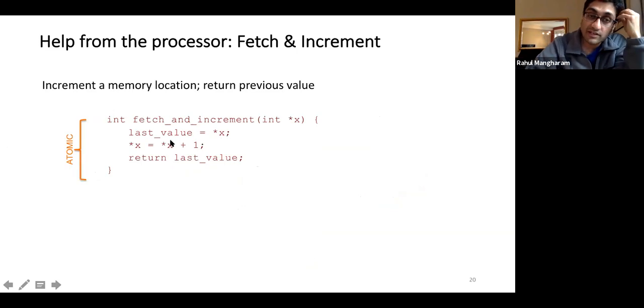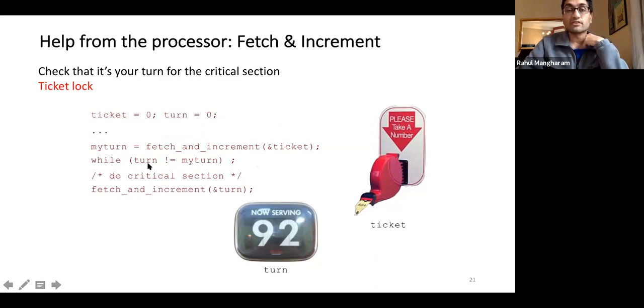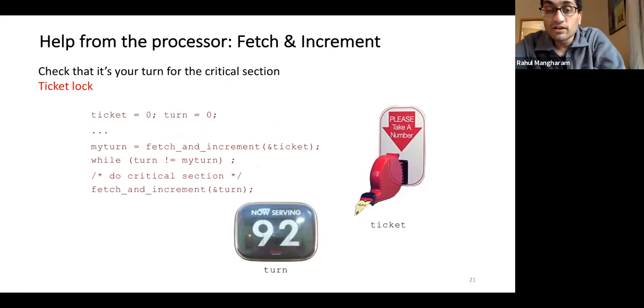It's taking the last value, incrementing it, and returning that value. So if the ticket is right now at 92, then it is just returning 93. And then I'm just going to wait till the turn is 93. Suppose someone came before me and the turn value was 91.